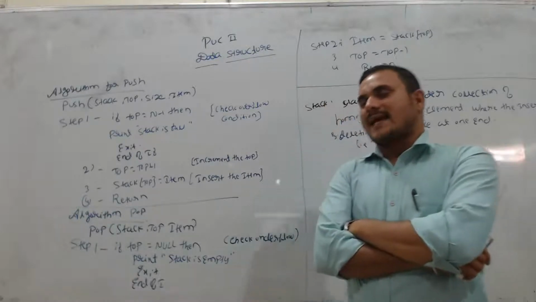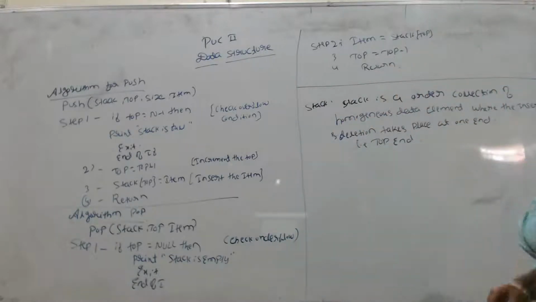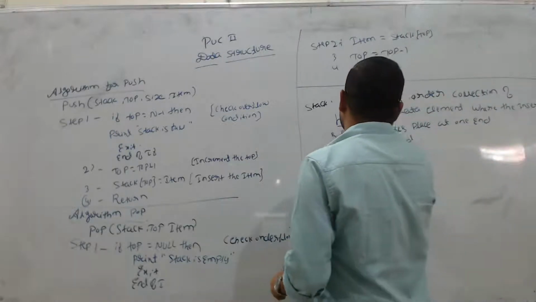A stack is a homogeneous data element collection. Homogeneous means the same data element.